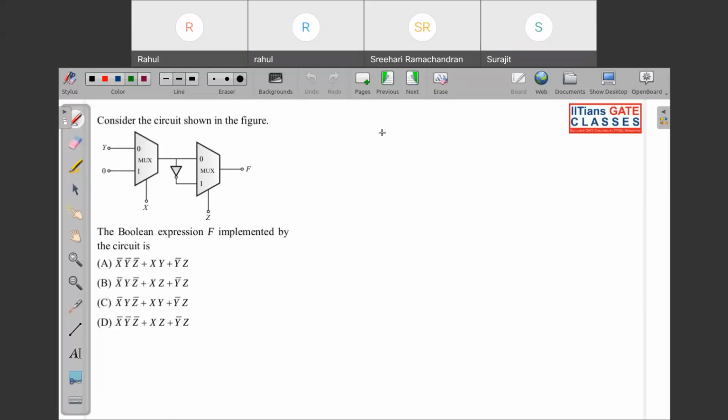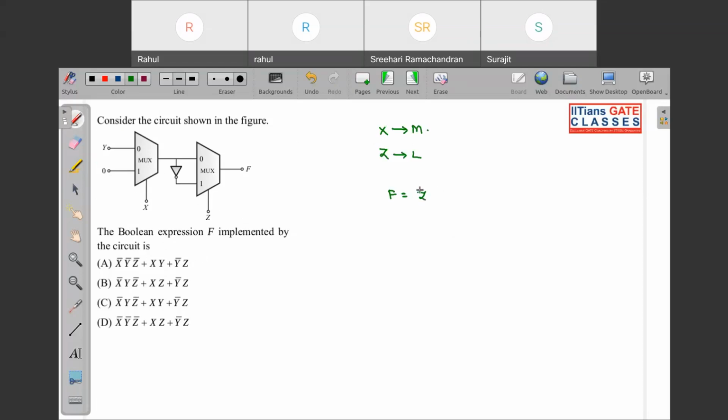See, by looking at the options, you can see X is MSB and Z is LSB. In that format only you need to write your answer. B, sir. B. Okay, look.